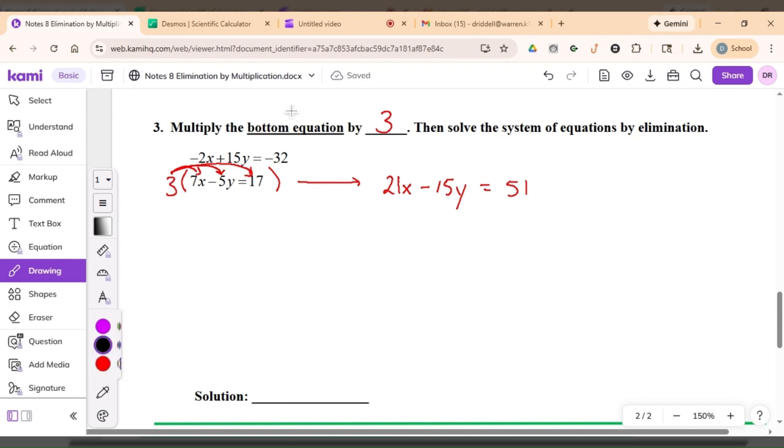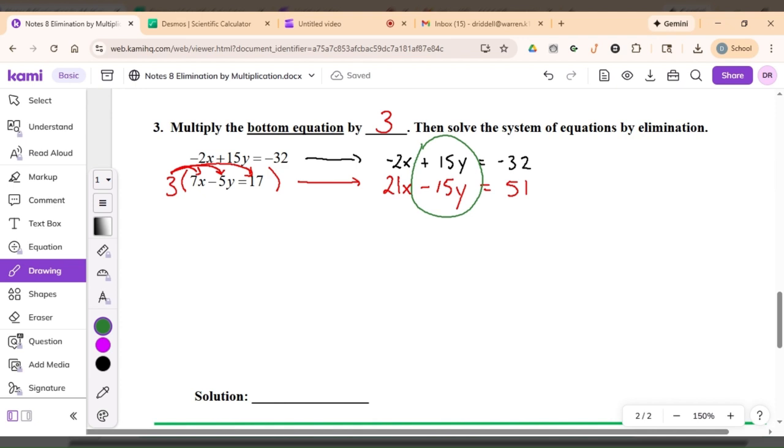But notice I just said multiply the bottom equation by something, and I'm suggesting it's 3, and here's why. If I leave the first equation as it is, so -2x plus 15y equals -32, check out what I have in front of the y's right here. The top equation has a 15 in front of y, positive 15.